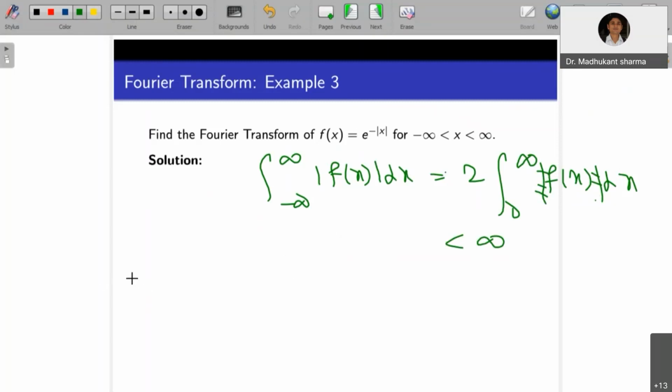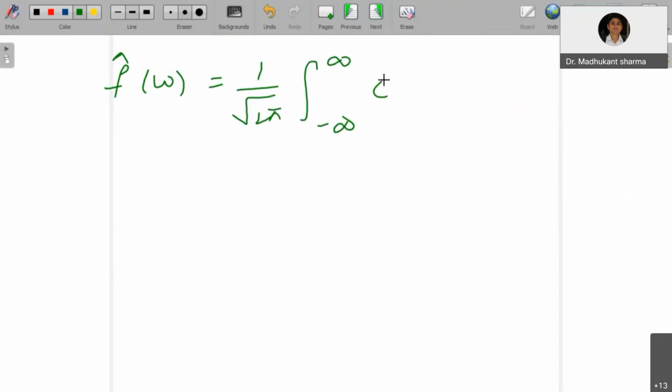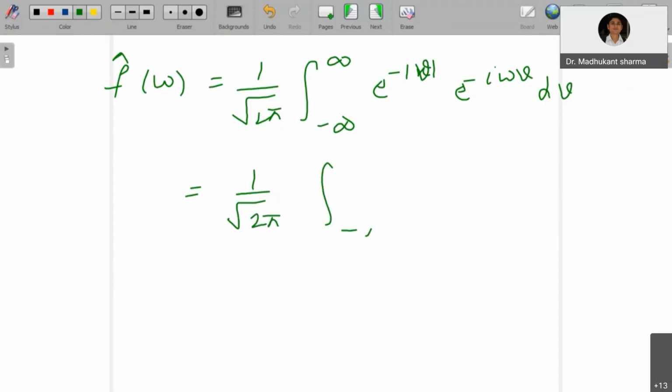Now, let's find the Fourier transform of this function, which is equal to 1 upon square root of 2 pi integration minus infinity to infinity e to the power minus mod x times e to the power minus iwv dv. So x is v here. Now, this is equal to 1 upon root 2 pi, and you have to substitute in minus infinity to 0.